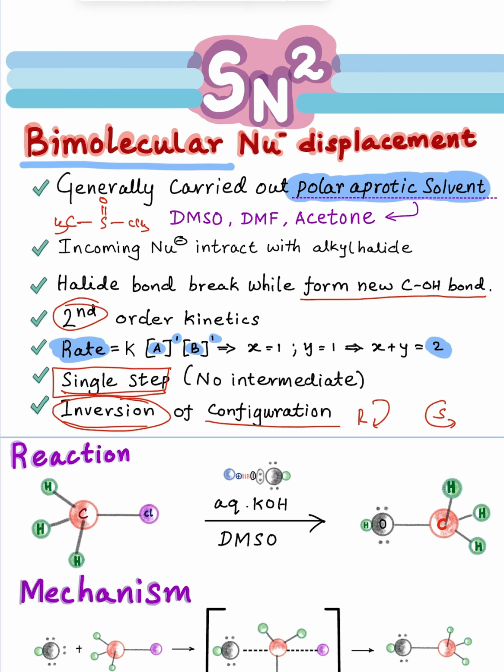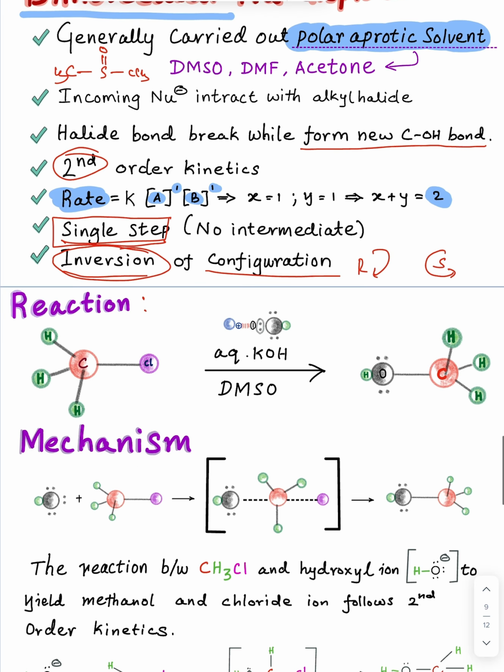So let me discuss an example of methyl chloride. Here I have methyl chloride. The methyl chloride is treated with aqueous KOH. What is aqueous KOH? Aqueous KOH is in ionic form, so it will form the hydroxyl nucleophile.